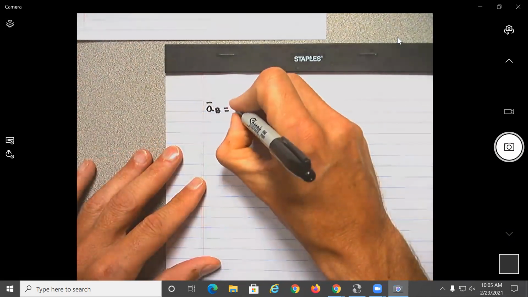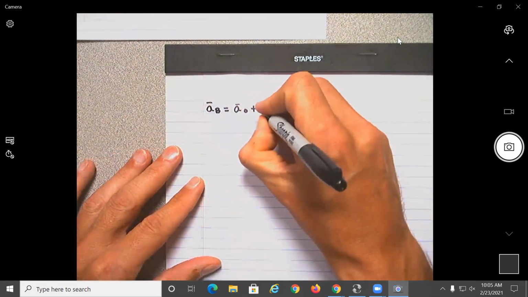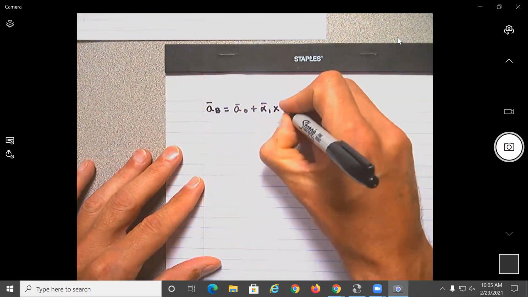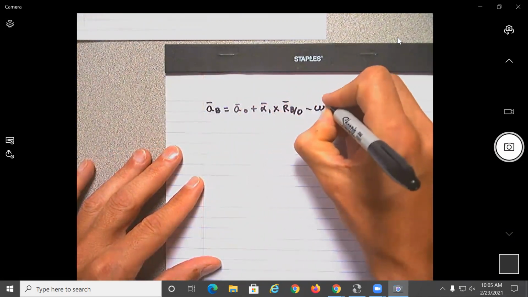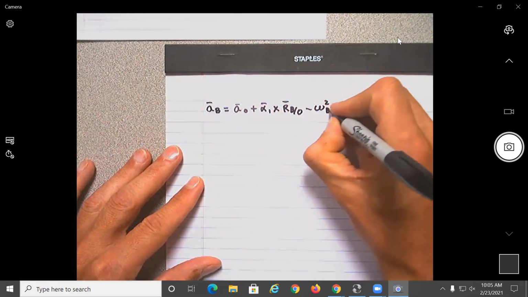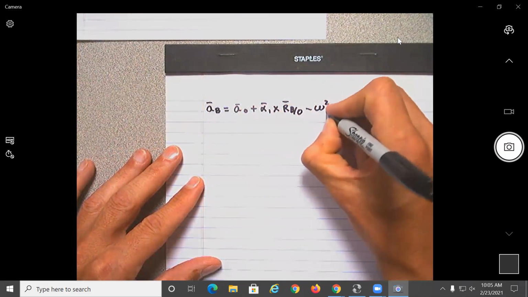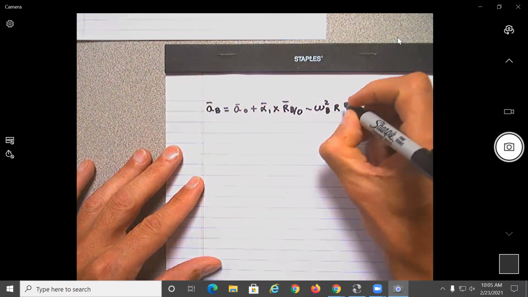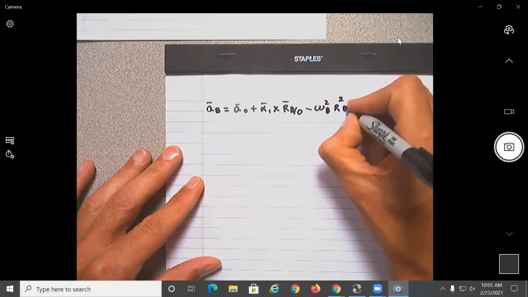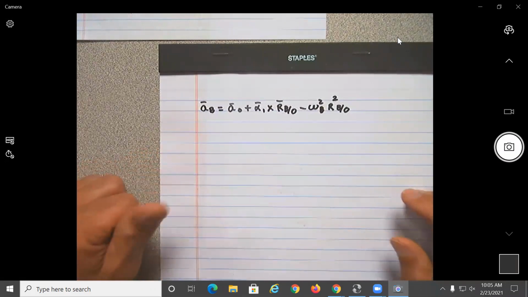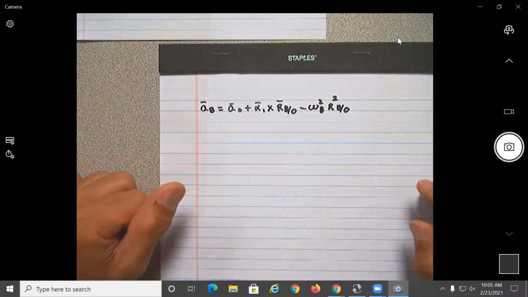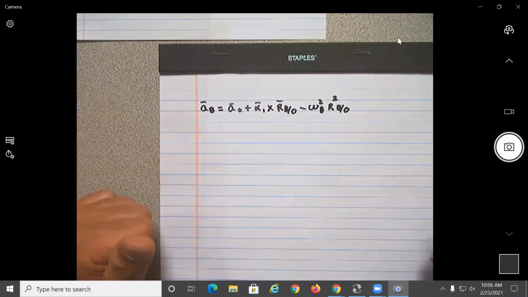The acceleration of O plus alpha 1 cross R of B with respect to O, minus omega 1 squared times R of B with respect to O. Do you recall that equation from dynamics? Have you seen it before? Yes, no? And generally you use it for linkage bars.